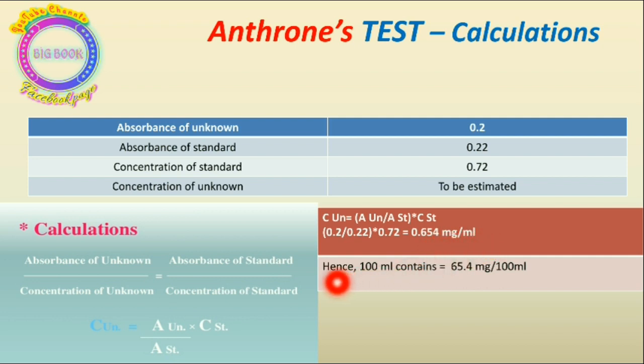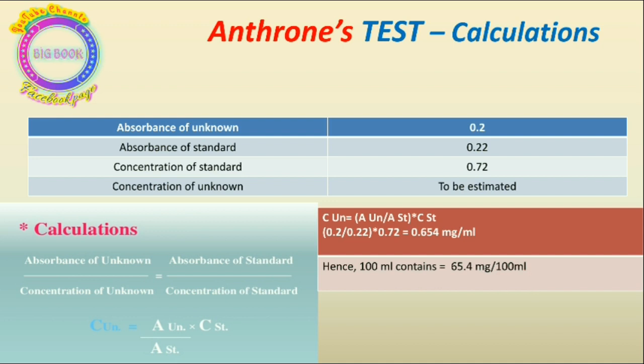As we are estimating for 100 ml, we are going to multiply this 0.654 mg per ml by 100, and it gives 65.4 mg per 100 ml. So this is the result. We have estimated the unknown sample to contain a glucose amount of 65.4 mg per 100 ml.